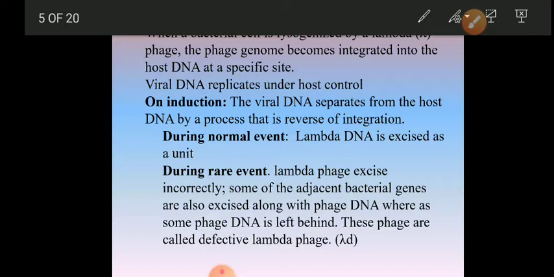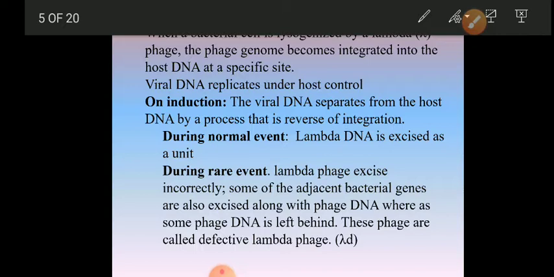Now, why specialized transduction? Whenever the lambda DNA attaches itself to its host and integrates its DNA, it gets integrated inside the chromosomal DNA of E. coli at one particular site. There is a site called the attachment site on lambda DNA. There is also an attachment site on bacterial DNA, that is E. coli DNA.